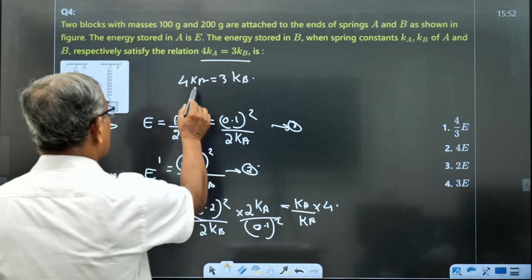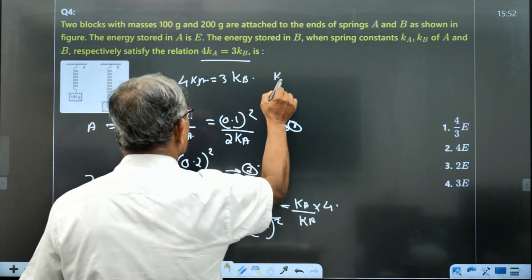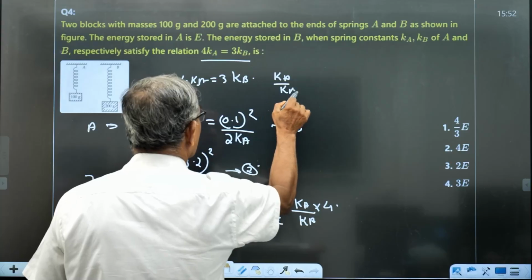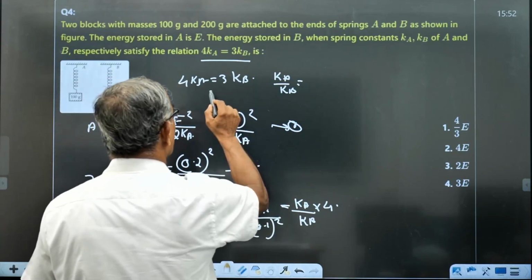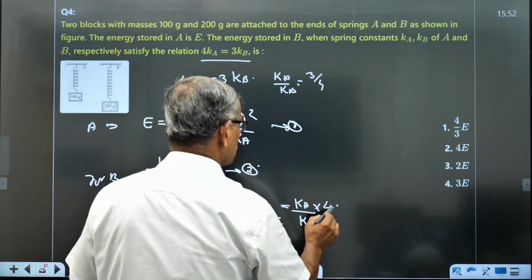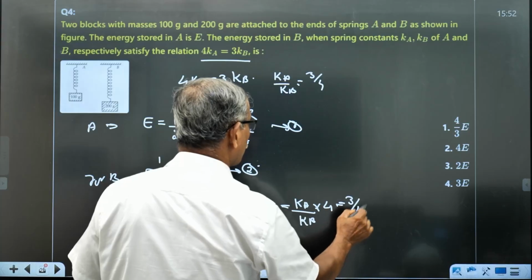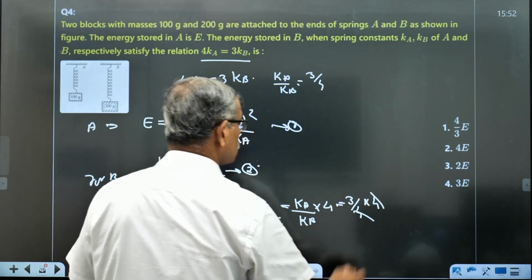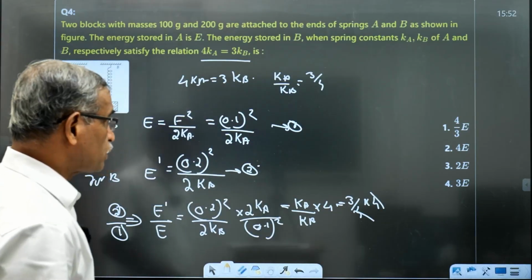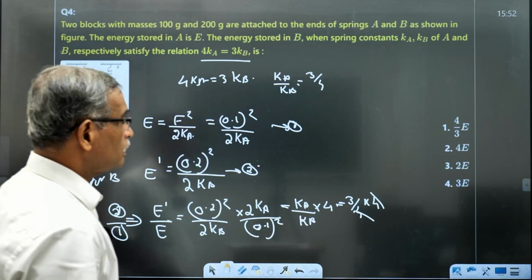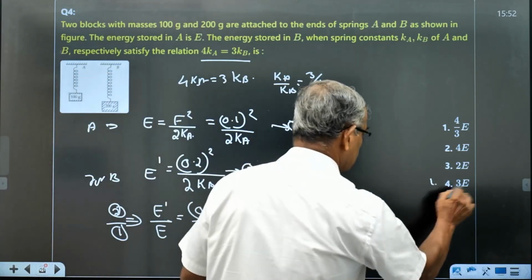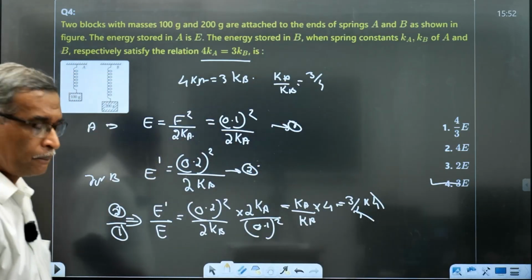Ka by Kb from here is equal to 3 by 4. It's equal to 3 by 4 into 4. So E dash is equal to 3E. E dash is equal to 3E. So, okay.